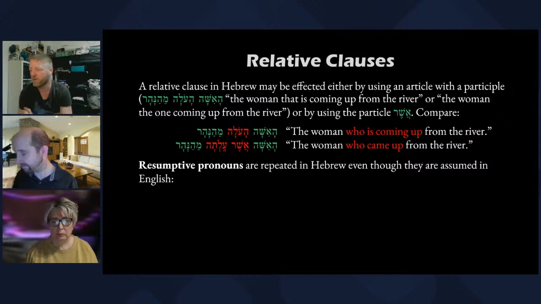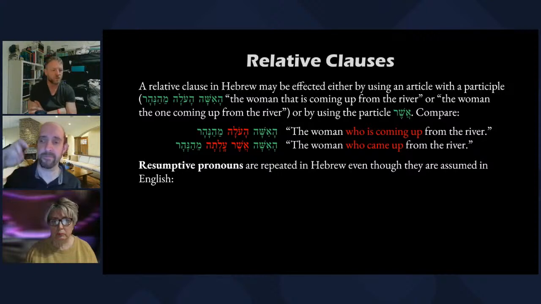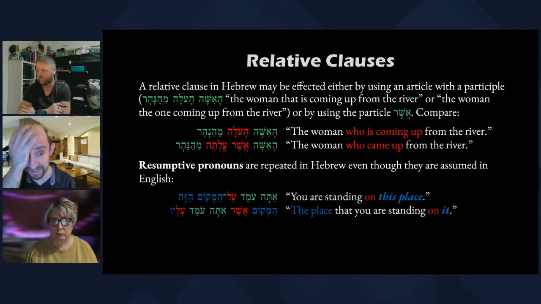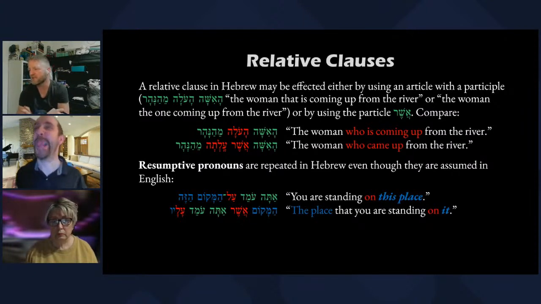So resumptive pronouns are repeated in Hebrew even though they are assumed in English. This is what I said before, that you don't say them. These, Jonathan, are the hates of my existence. I hate it. Yeah. Jonathan hates resumptive pronouns. Okay, so this says ata omed al hamakom hazeh.